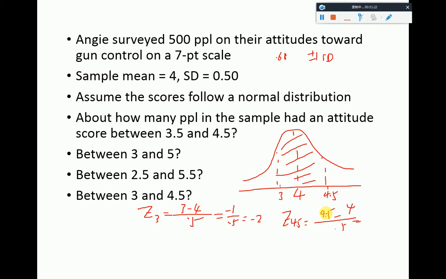That's 0.5 divided by 0.5. That's 1. So that means 4.5 is exactly 1 standard deviation above the mean. So 1 standard deviation above the mean, but 2 standard deviations below the mean.